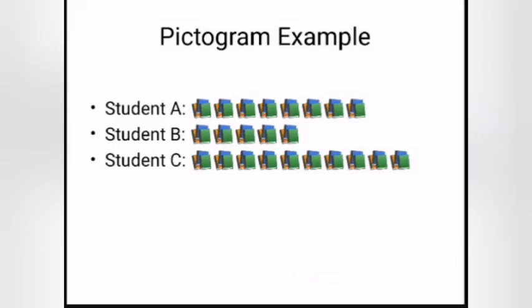Student A has 8 books. Student B has 5 books. Student C has 10 books. So it's just using pictures to represent data.